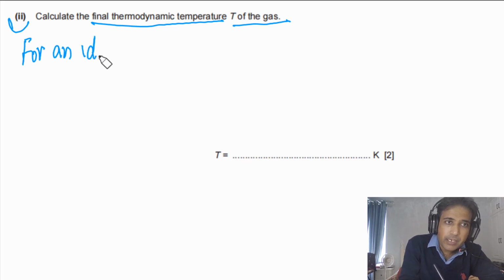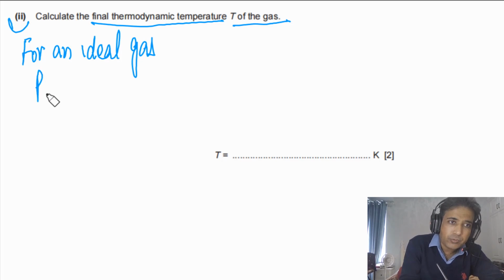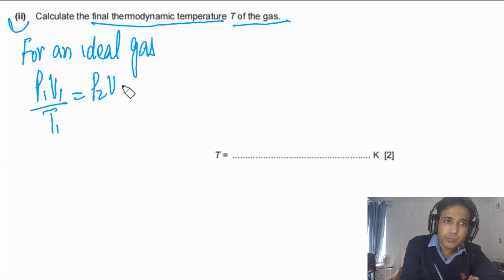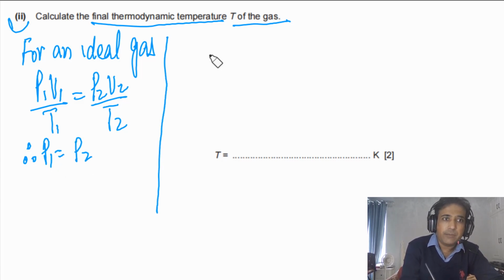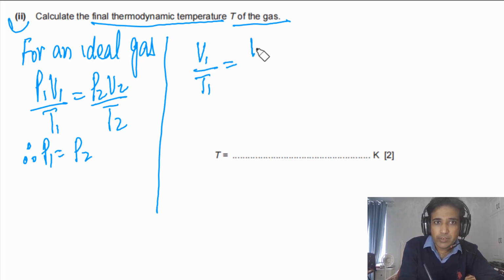For an ideal gas, the ratio P1 V1 over T1 should be equal to P2 V2 over T2. But in this case, P1 is equal to P2 because P is constant. So simply then we can say, in this case, V1 over T1 is equal to V2 over T2.